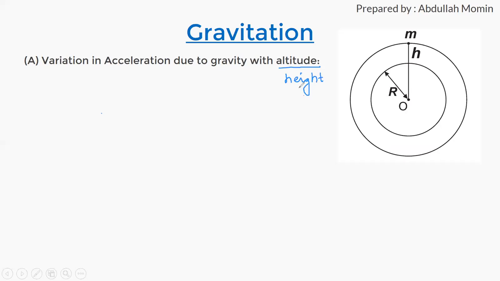So consider a body of mass m. m is the mass of the body which is on the surface of earth.